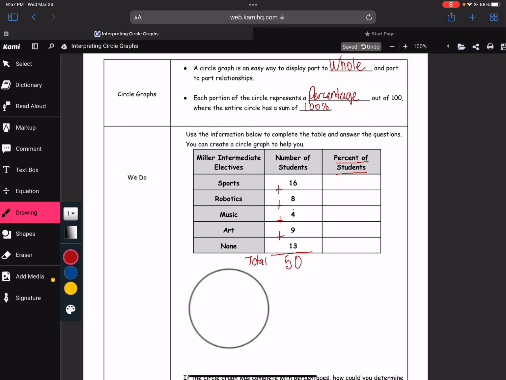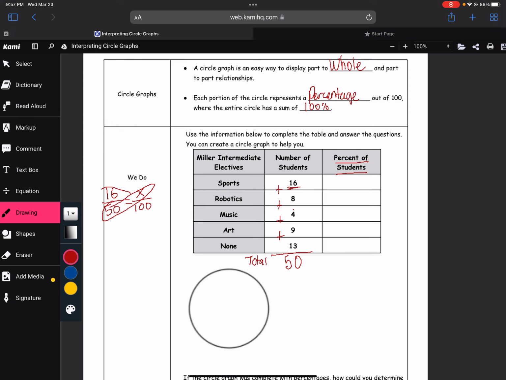So I'm first going to begin working over here, and we're going to do 16, which is our part, for sports, over 50, equals a percentage over 100. Since we're looking for a percentage, we are going to set up proportions for each and every single elective here at Miller.